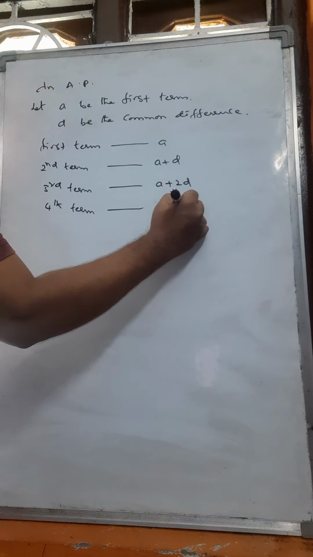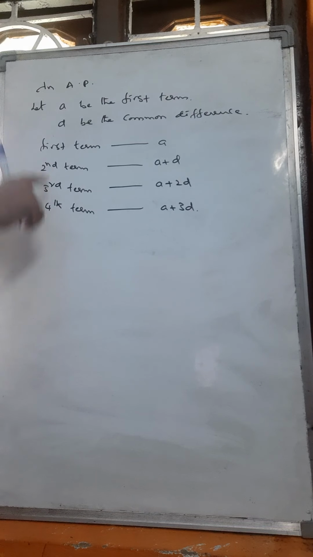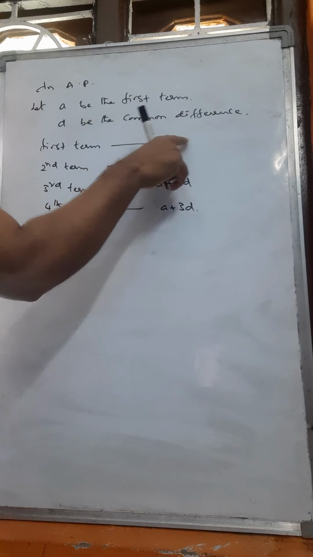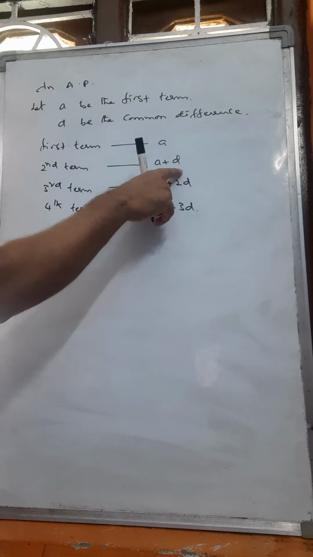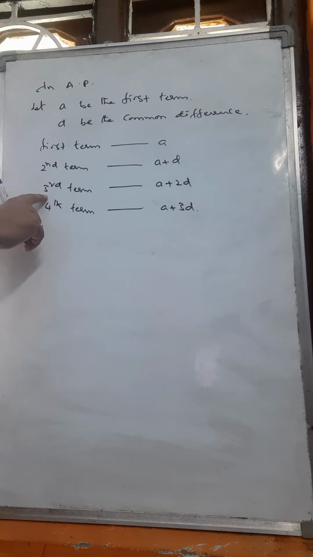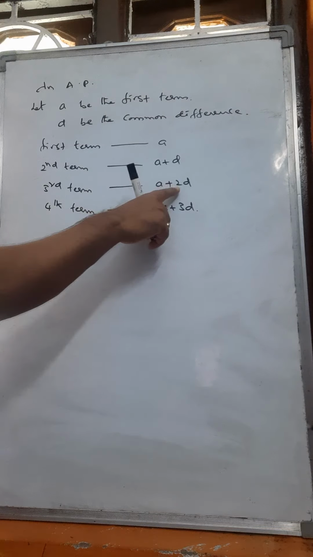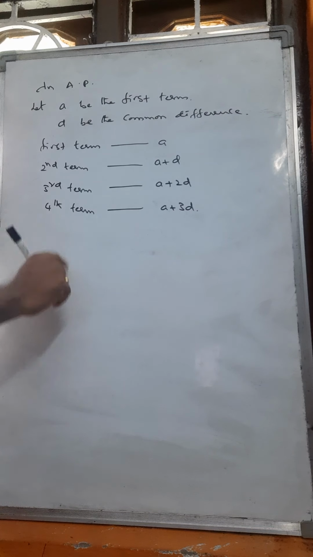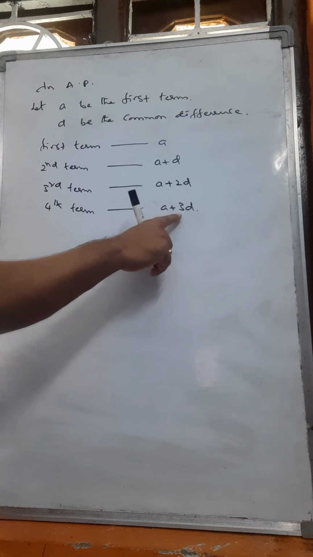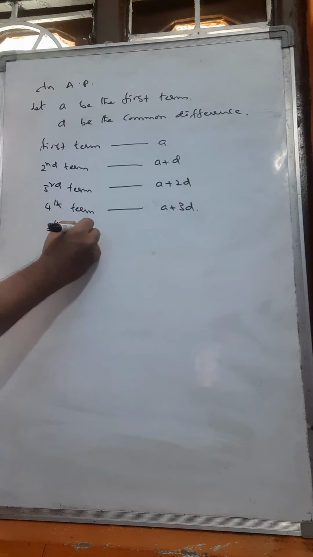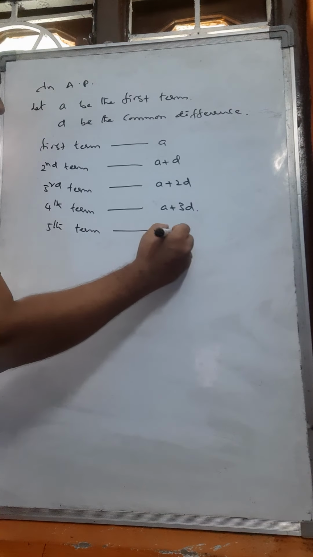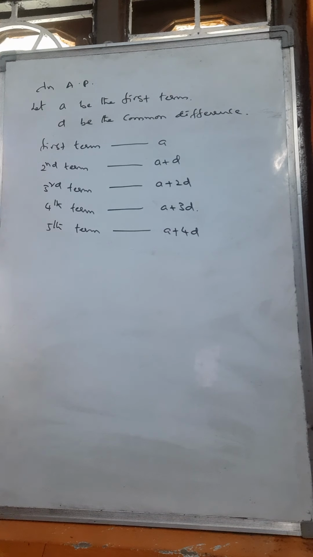A plus 3D. Here first term is A plus 0 into D, second term A plus 2 minus 1 into D, third term A plus 2D means 3 minus 1 into D, fourth term 4 minus 1 into D, fifth term is A plus 4D.